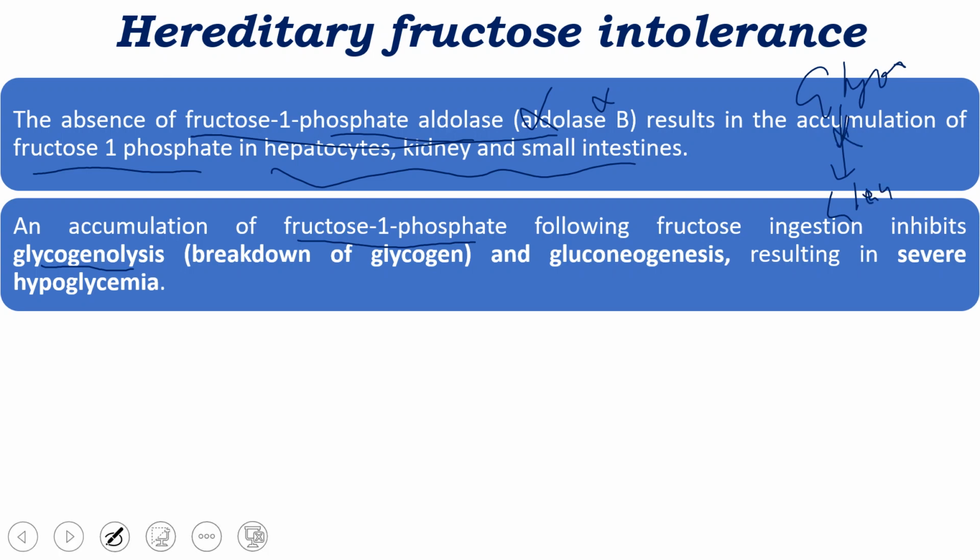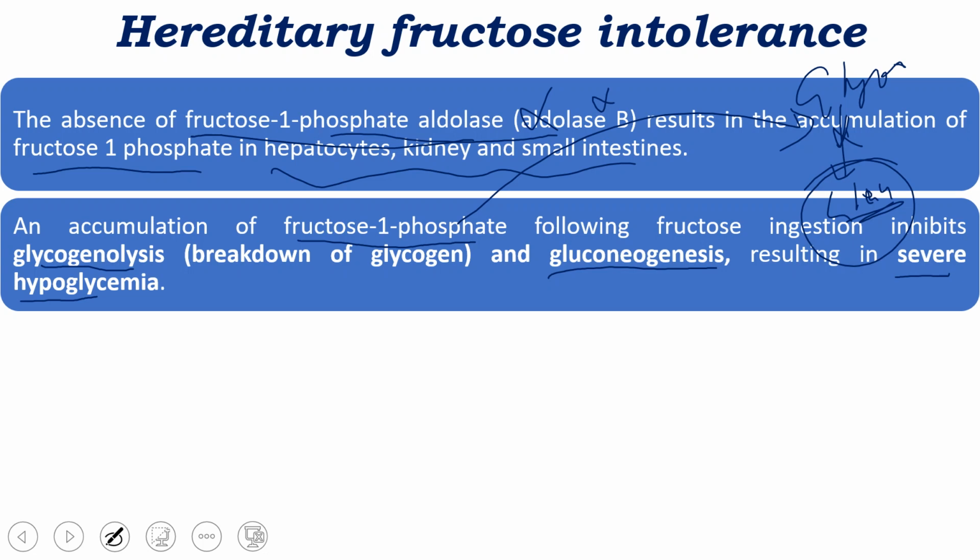This process will be inhibited by fructose 1-phosphate. And second one is gluconeogenesis, which will be inhibited, means here also glucose will not be produced from new sources. So ultimately the body will not have new glucose synthesis or glycogen to glucose synthesis. So ultimately it will lead to hypoglycemia.